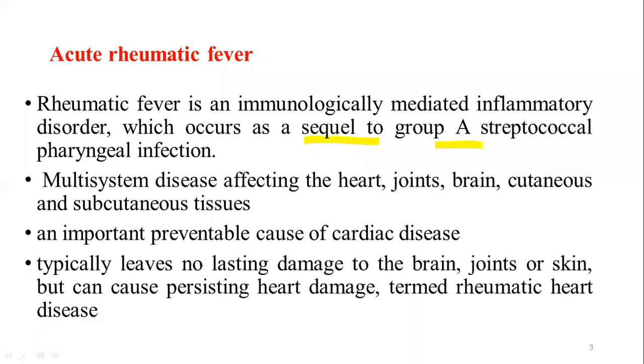ARF involves multiple organs, principally the heart, joints, brain, and cutaneous and subcutaneous tissues, and it is one of the most important preventable causes of cardiac disease. Despite the brain, joints, and skin being involved, there is no permanent damage to those organs. But there is persistent heart damage, which is known as rheumatic heart disease.